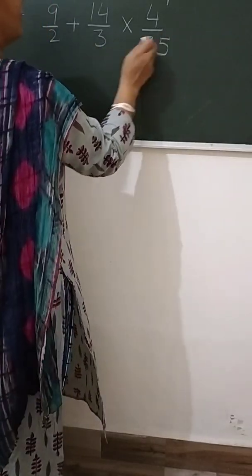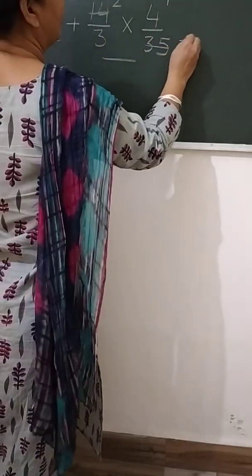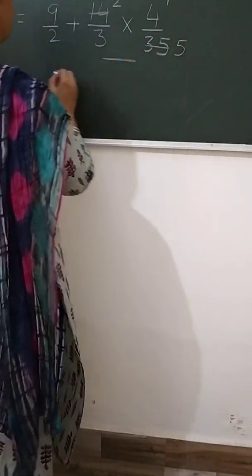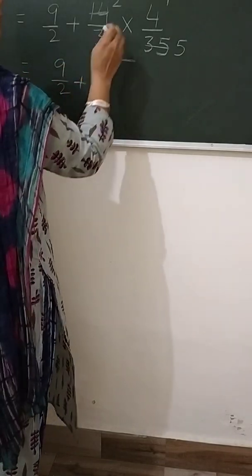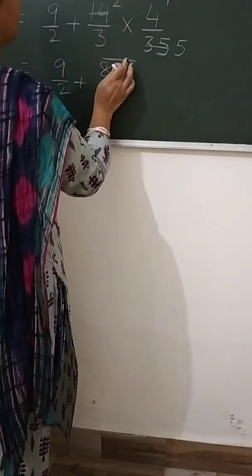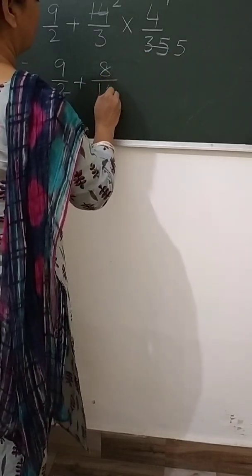We will simplify these two fractions. This is 7 2s are 14, 7 5s are 35. So we get 9 over 2 plus 2 4s are 8 here and 3 5s are 15. Okay.